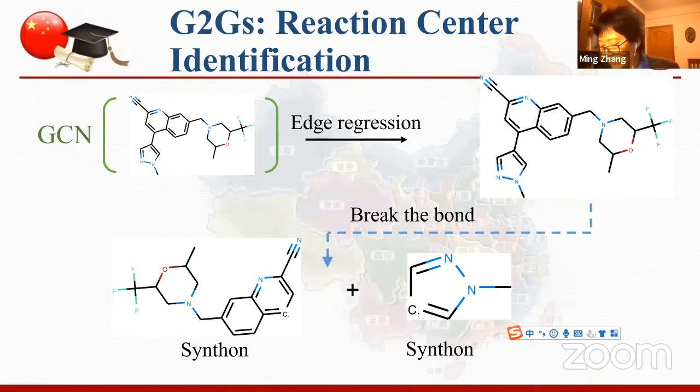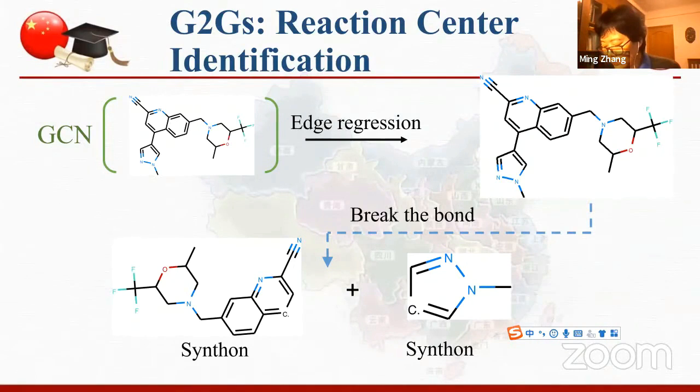Especially, we employ a graph neural network to calculate the node embedding and the graph embeddings of the target molecules.